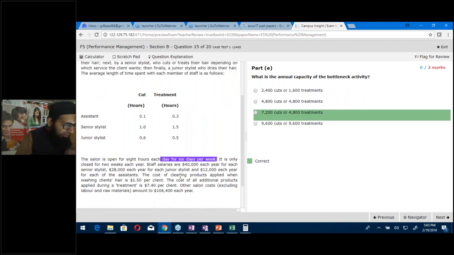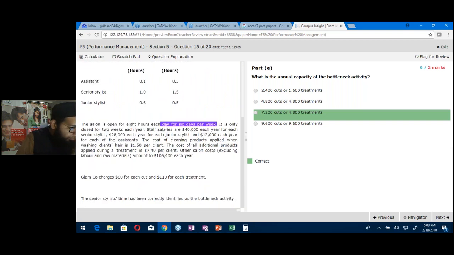And how many weeks in a year? There will be 50 weeks because it says only 2 weeks in each year are closed. So out of 52, that means 50 weeks are open.